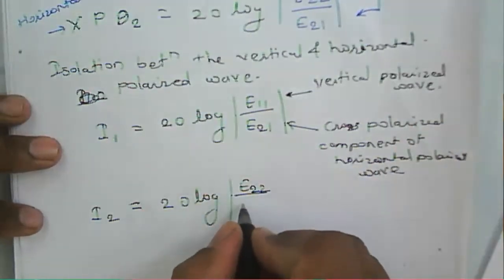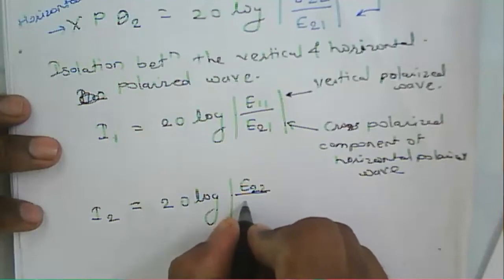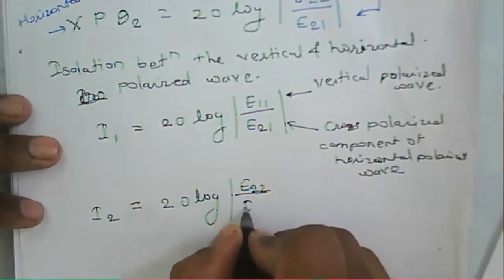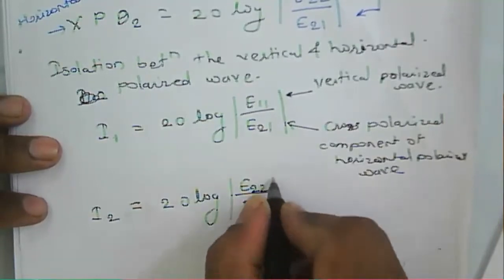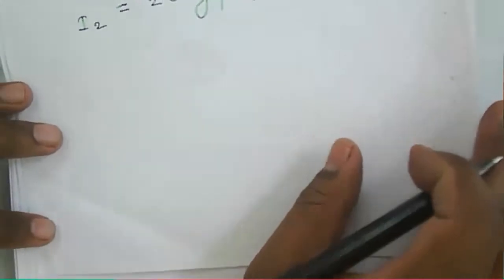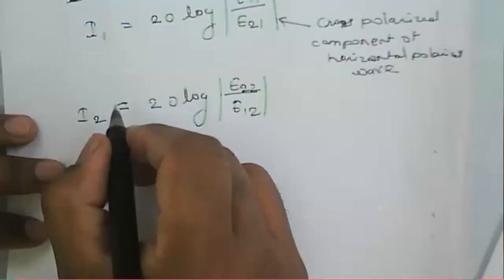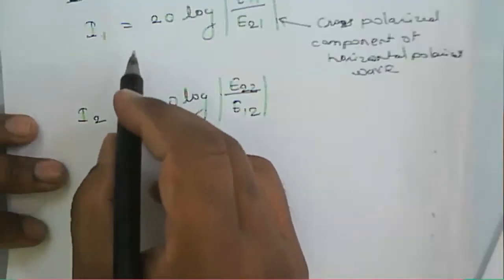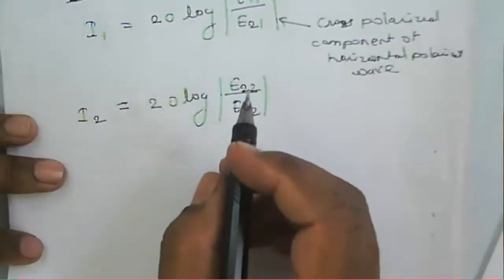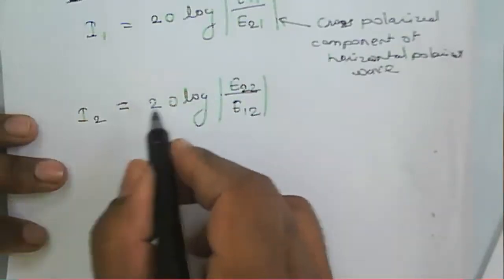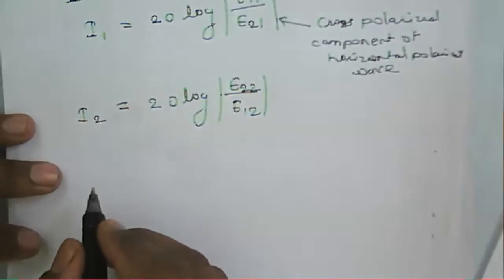So now we have this E22 component and E12. So now we get the isolations I1 and I2, that is the co-polarized component E22 here and the cross polarized component E12.